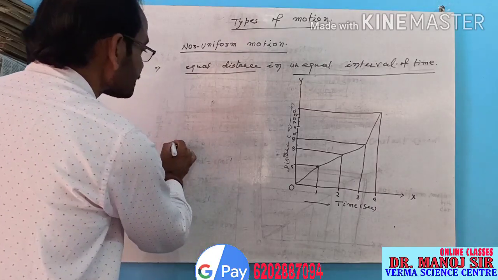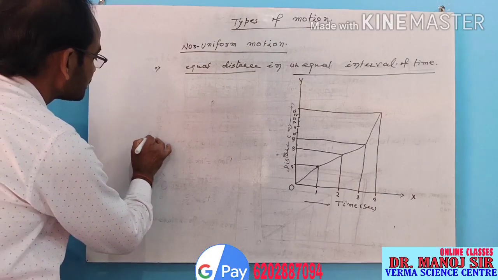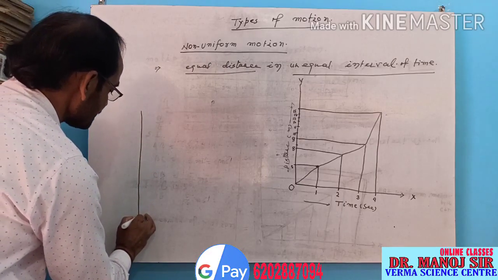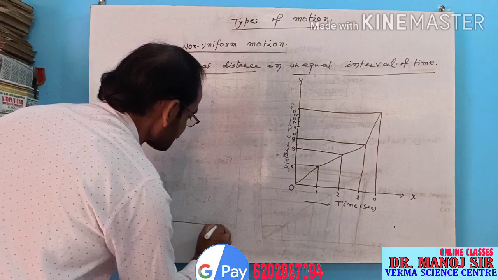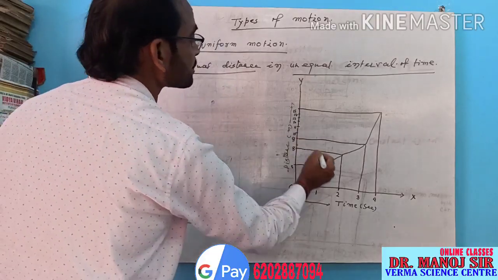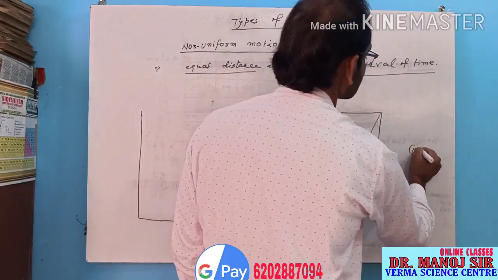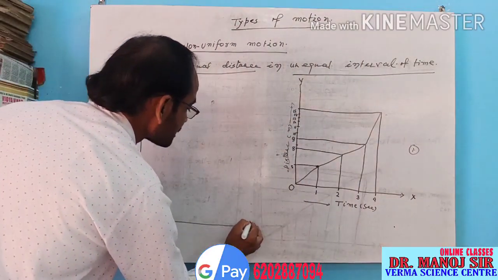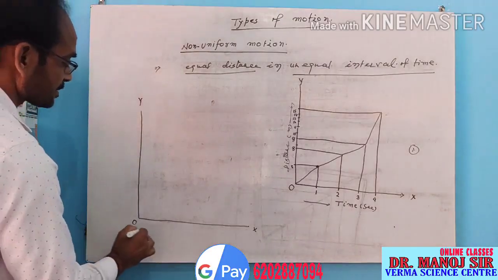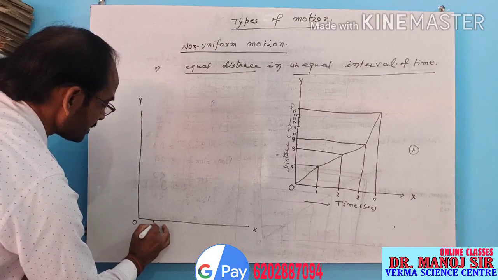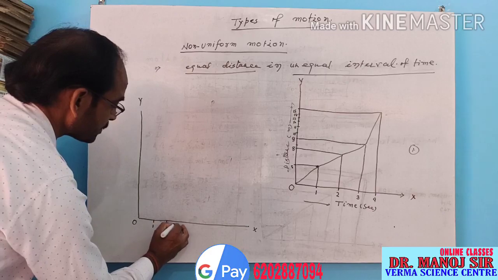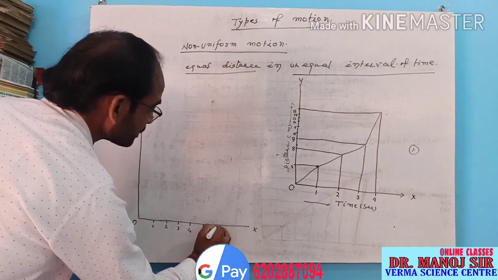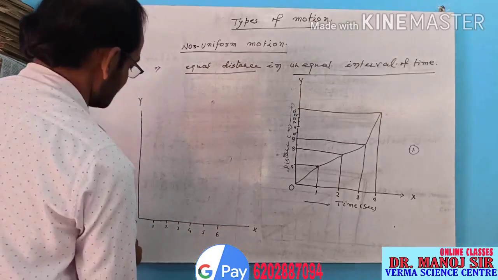Suppose in another graphical representation between distance and time, on the x-axis and y-axis, the time period is here 1, 2, 3, 4, 5, 6.